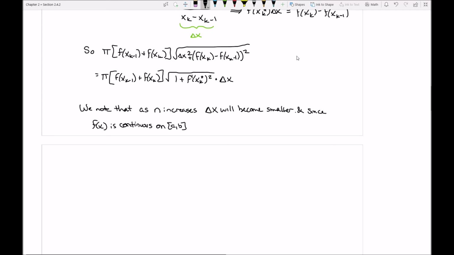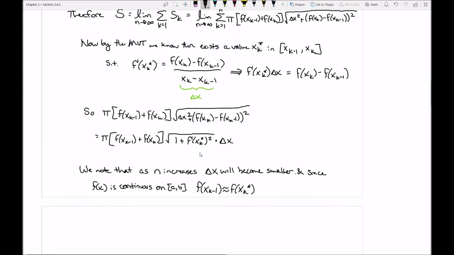And so since my function here is continuous, meaning that it increases and decreases at a consistent sort of a rate, or at least there's no large jumps or changes in the y values of this graph, I can state that my f of x sub k minus 1 should almost be the same as my f of xk star.